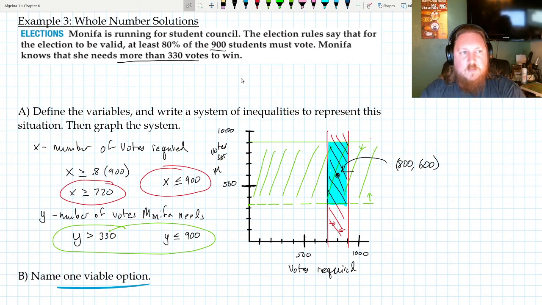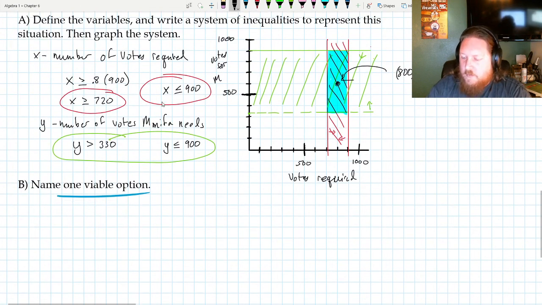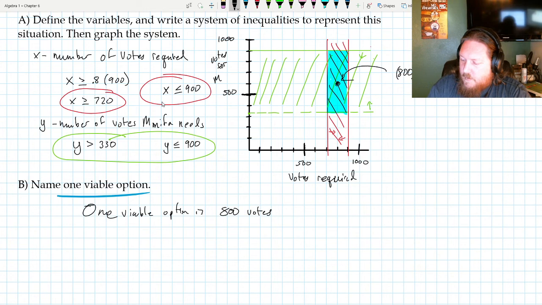That is a possible situation that would allow her to win. So we would say one viable option is 800 votes, 600 for Monica.